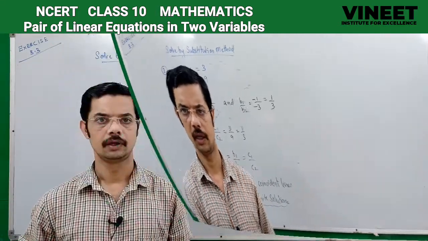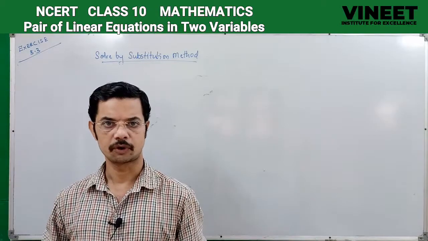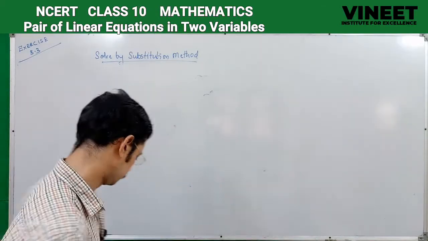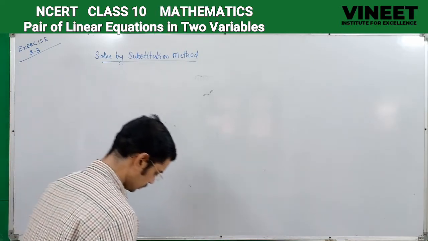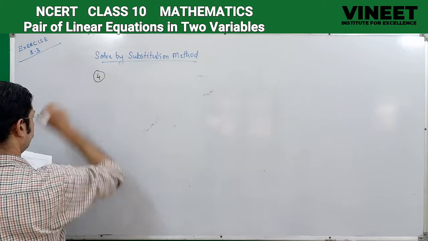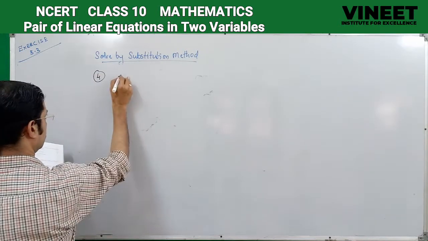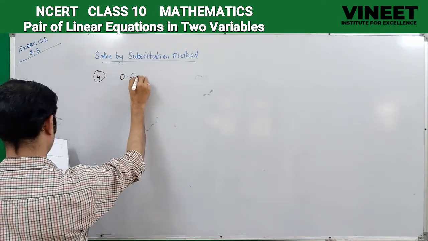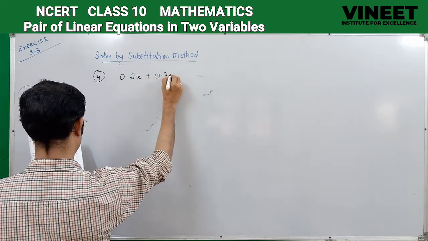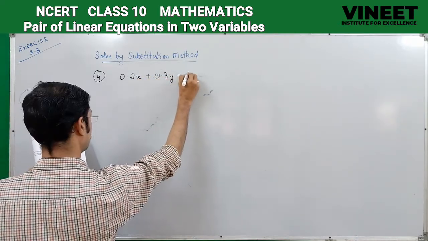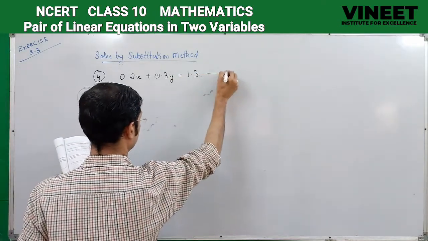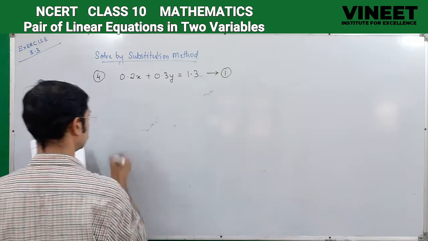Now let us do the next problem, that is the fourth problem of our textbook. So the fourth problem is as follows. Question number 4. In this case it is 0.2x plus 0.3y equal to 1.3, the first equation.